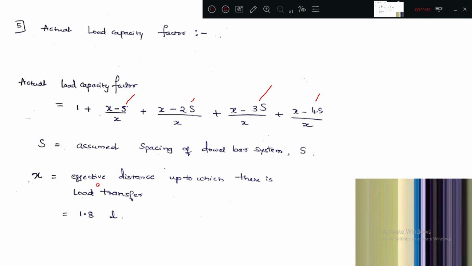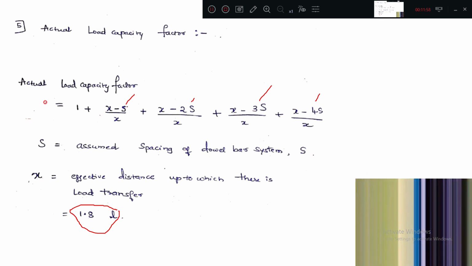How to calculate this? It is 1.8 times L, where L is the radius of relative stiffness, which is generally given in the question. So 1.8 L is what we call X, and that is substituted everywhere: 1.8 L, 1.8 L, like that.